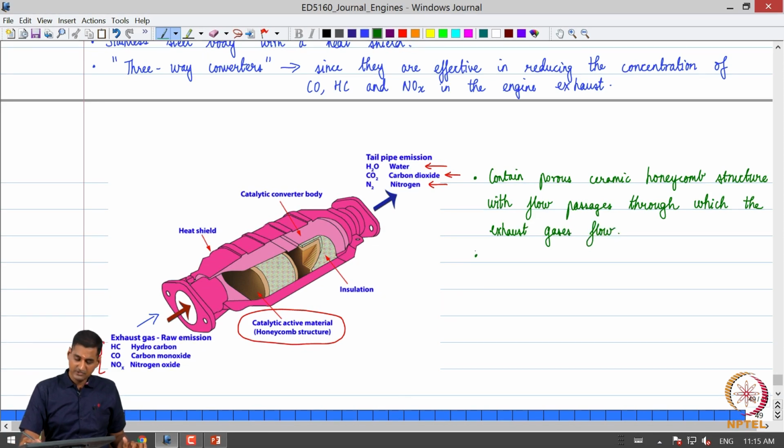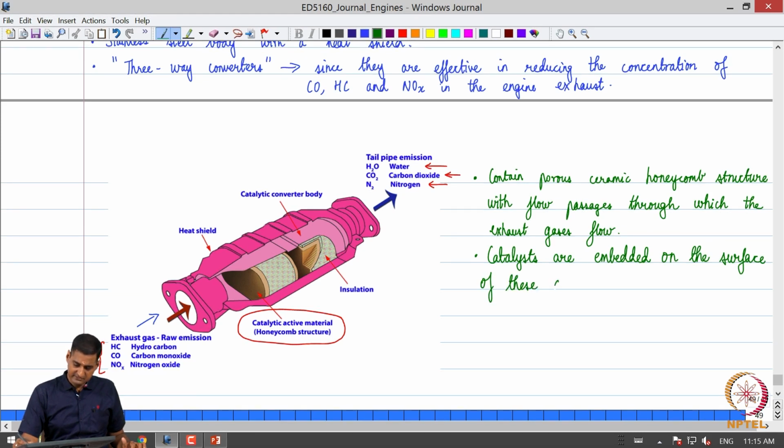And catalysts are embedded on the surface of these ceramic passages and promote the reactions.